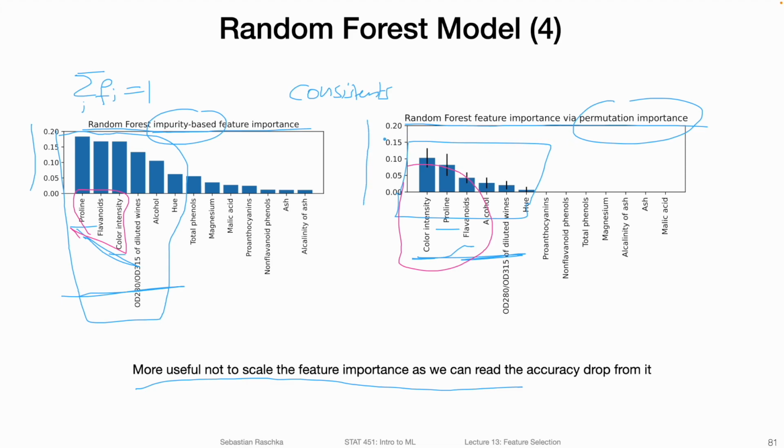So here, the permutation importance represents the average drop in our metric. Here we use the accuracy. And I find this actually more useful than scaling it, because here I can say, okay, if I permute color intensity, my random forest performance drops by 10%, which is actually quite useful to know, I find.